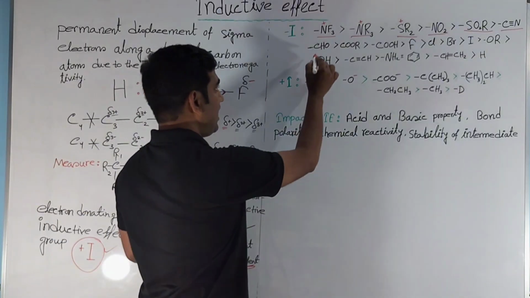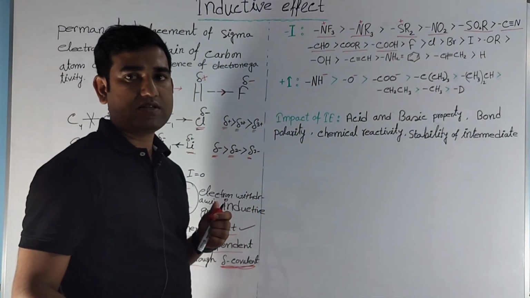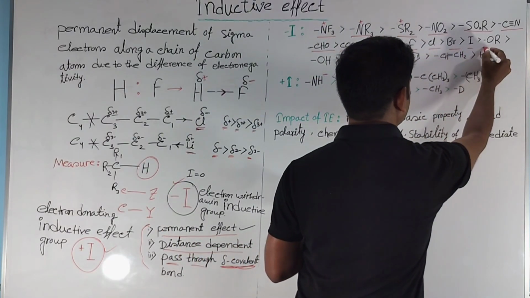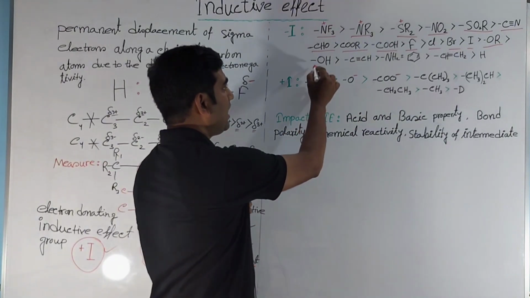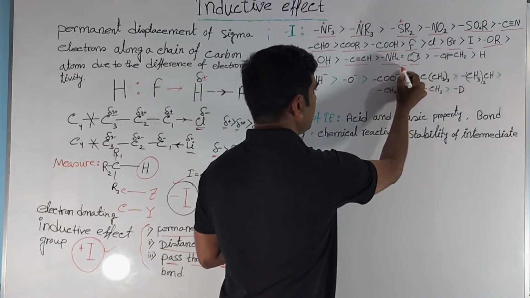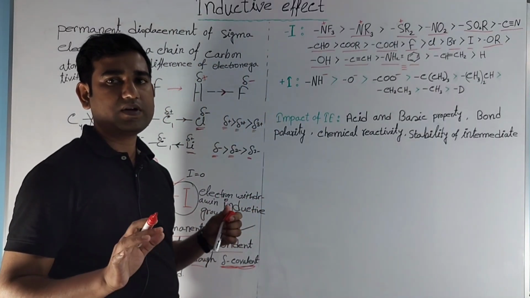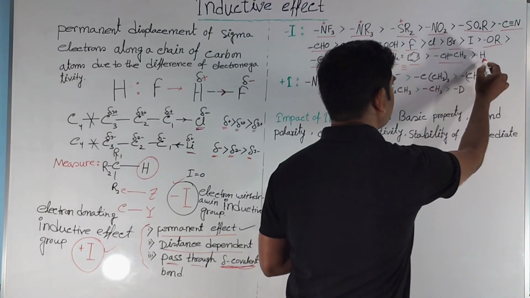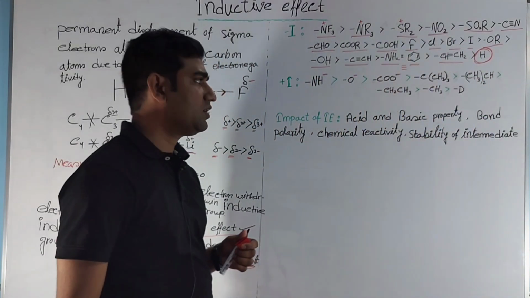After that aldehyde, ester, acid, then the halogen series: fluorine, chlorine, bromine, iodine. Then OR group, O-methyl, O-ethyl. Then alcohol, alkyne, amine and phenyl. Both are similar in inductive effect, minus I effect. Then alkene, then hydrogen. Hydrogen is the reference, the standard one.